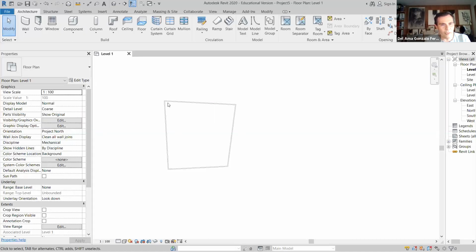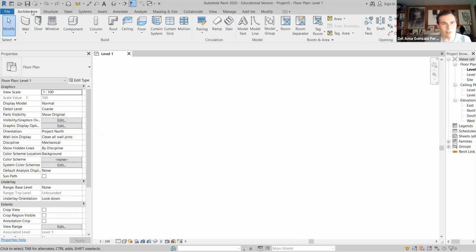We cannot select the walls and we can't modify them. So working with a mechanical template, we can't design architecture. So usually we work in Revit with the architectural or construction template, and then we import the architectural model into the mechanical template. So this is what we're going to do now.